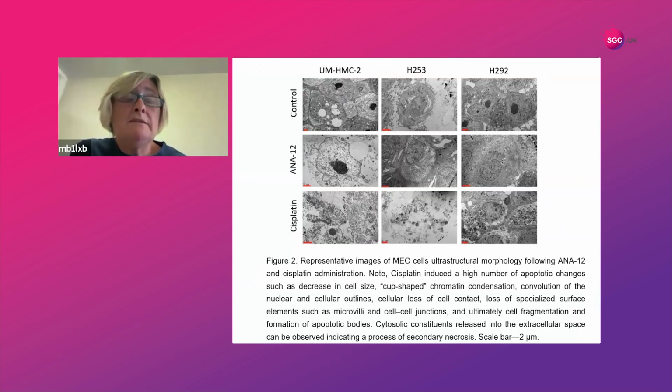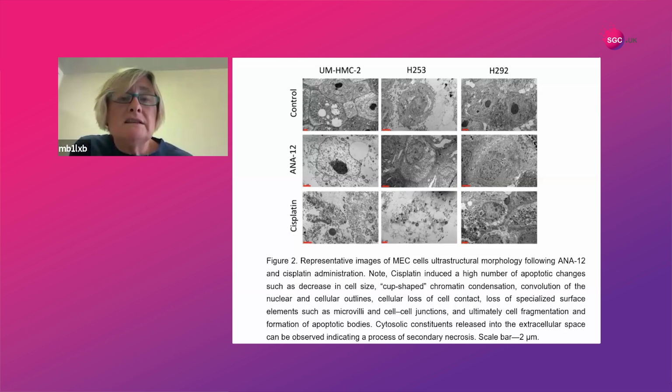And cisplatin, most people will have heard of cisplatin. It's a standard chemotherapy drug, and ANA-12 was the new potential chemotherapeutic drug that we were hoping might have an effect. And the top 3 panels are just showing you what normal cells look like.